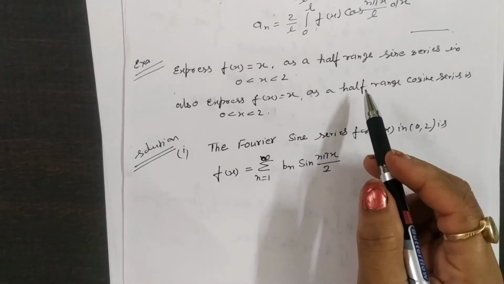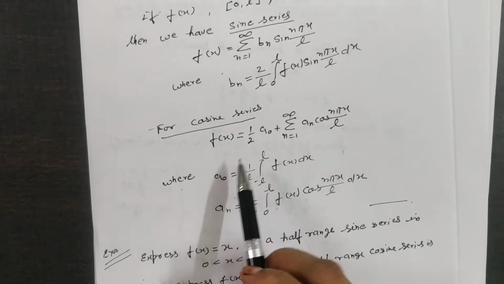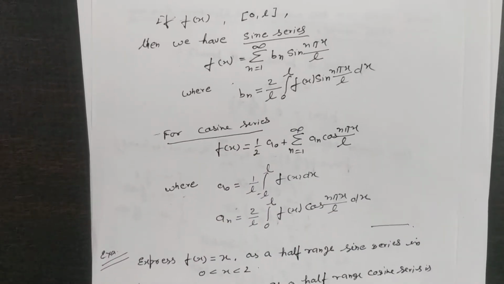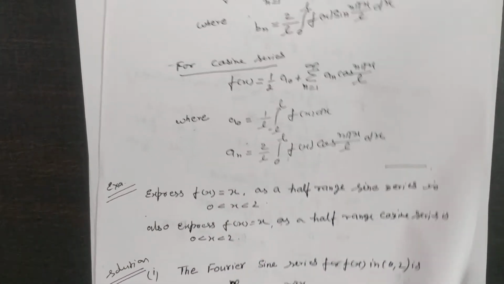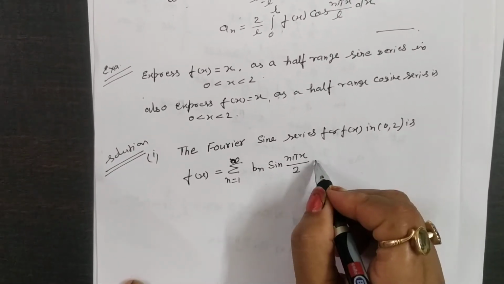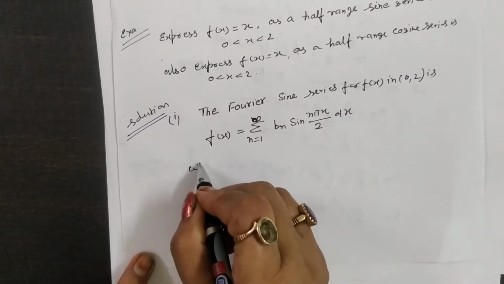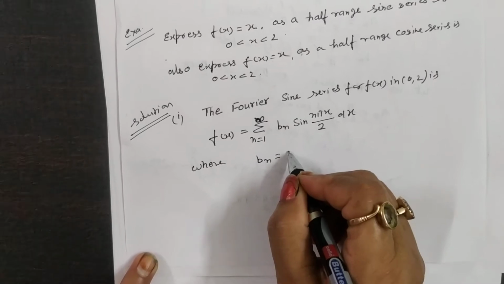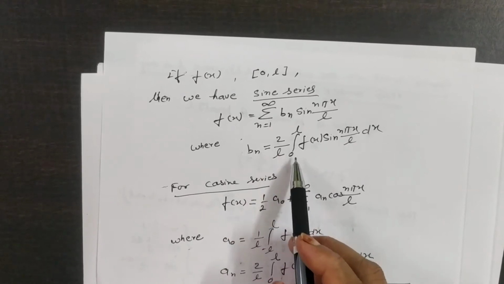Earlier, in the earlier lecture, I have proved an and bn. Here you see that bn is 2 by L, integral 0 to L of f of x sine n pi x by L dx. Similarly you can prove this for the half range series.